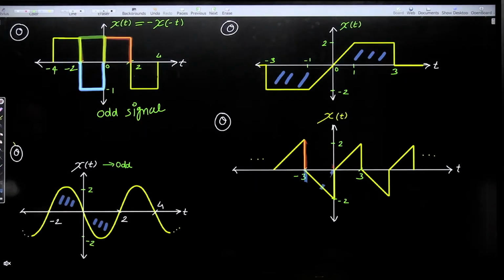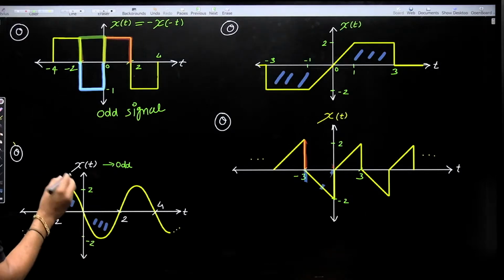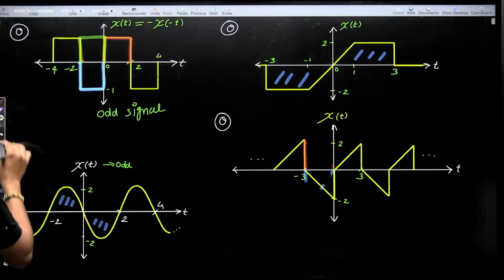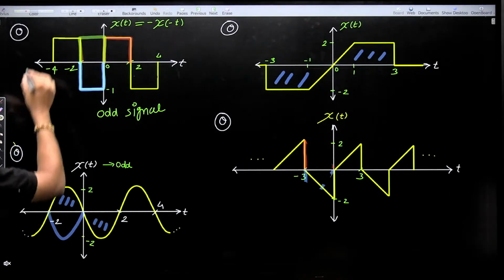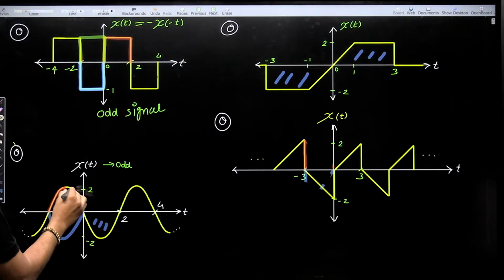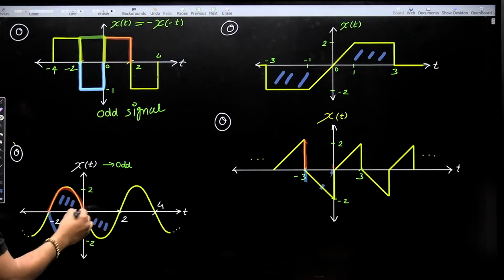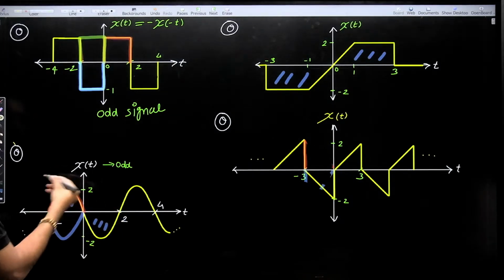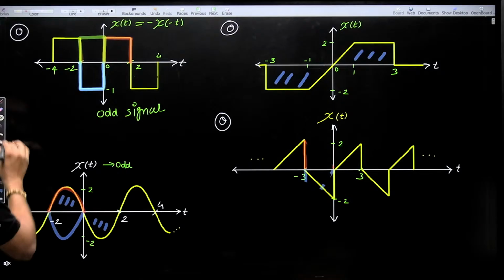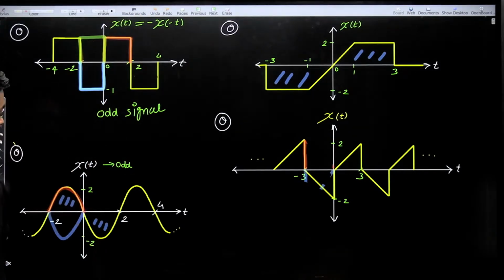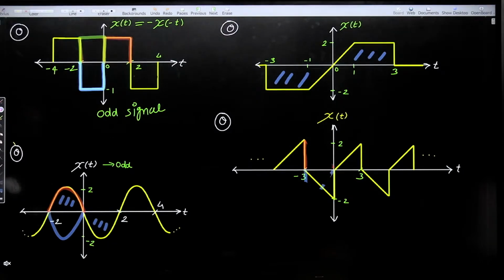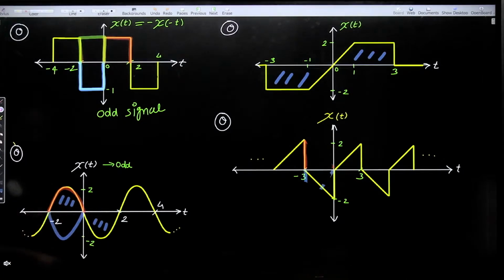Now what about this one, guys? Again you can see here, folding with respect to y axis, so it will be like this. Then folding with respect to x axis, so it will be like this, overlapping the original signal. Between 0 and 2, then 0 and minus 2, then amplitude reversal. So that's why this is also odd signal. For odd signal, you can see here, second quadrant and fourth quadrant.